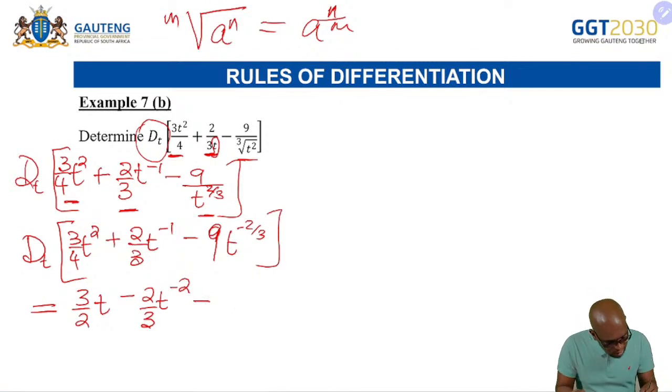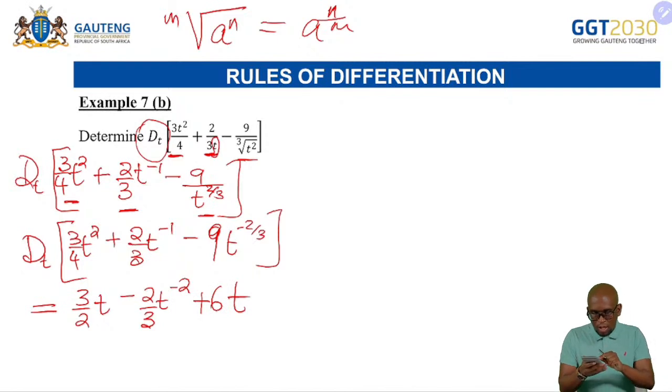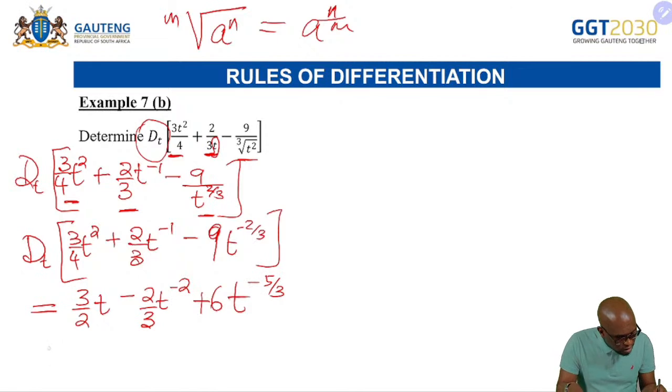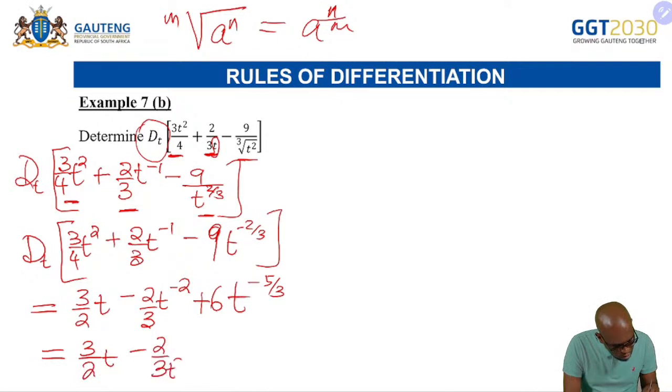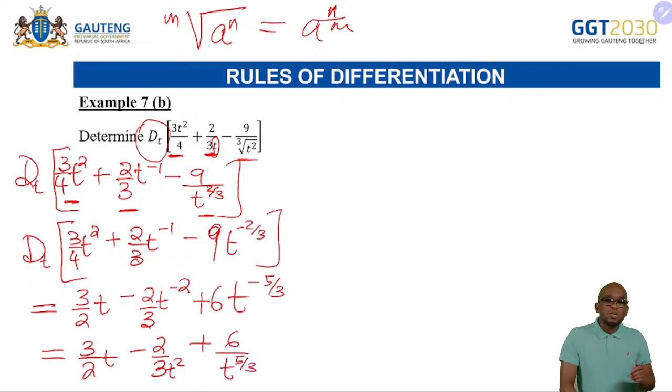If I do that, I get minus, or it would be plus 6 t to the minus 2 over 3 minus 1. So it's minus 5 over 3. Now I can just finish this up by writing it with positive exponent. So this is minus 2 over 3 t squared plus 6 over t exponent 5 over 3. So that is what I will have for 7b.